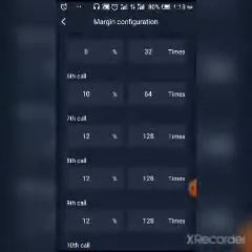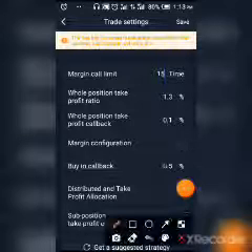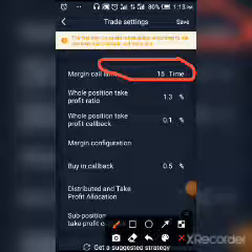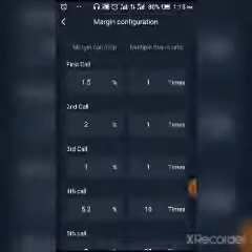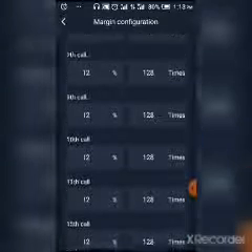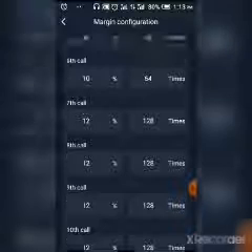This is showing 15 because remember, we set this particular margin call limit to be what? 15 times. And that is why in the margin configuration, you are seeing 15 calls, telling the bot to make 15 call buys when the price goes down or keeps going down.